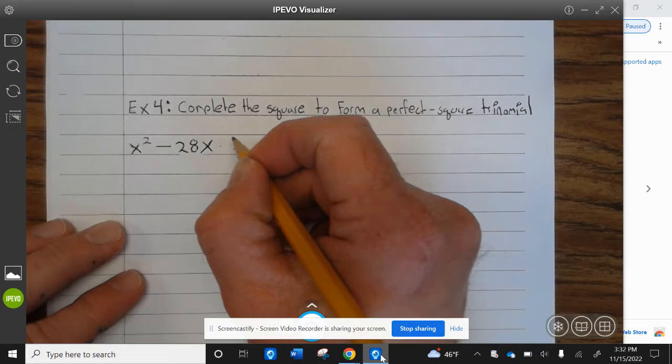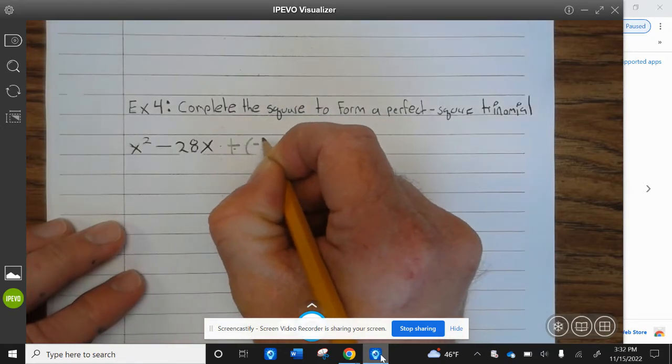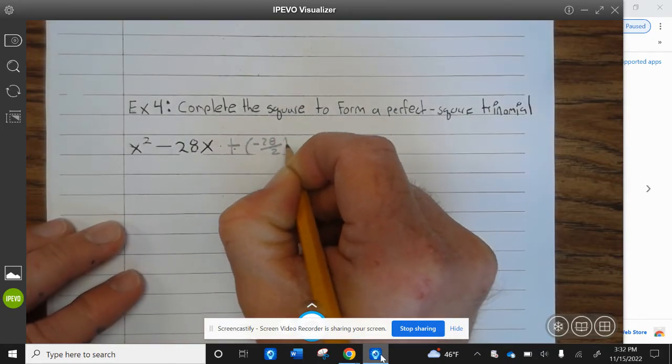Our example 4, we're going to start by adding negative 28 divided by 2 squared.